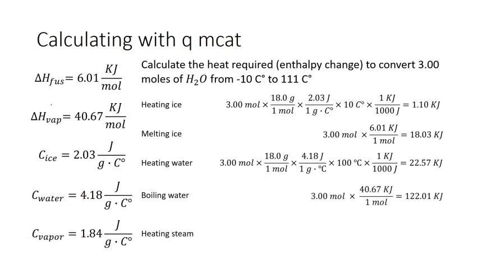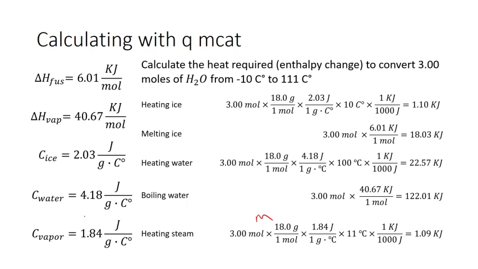So again, using the heat of vaporization, 3 moles times our kilojoules per mole, and then heating the resulting steam to the final temperature. Again, we have our mass, our C, which came from right here, our delta T, which would be 100 to 111, and then conversion to kilojoules.